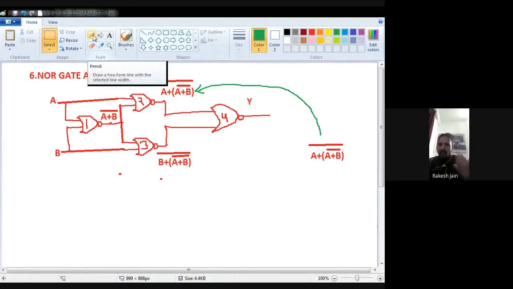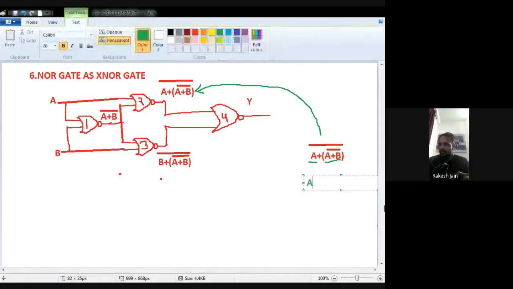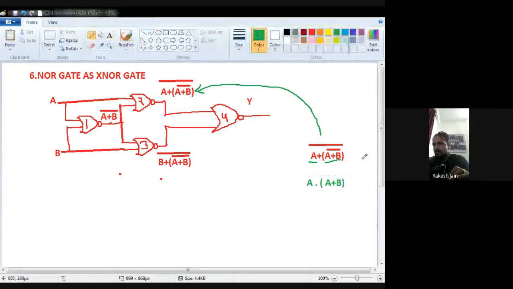By the De Morgan theorem, two things added to each other having a bar: write down those two things separately, the plus in between converted into a dot, and put individual bars. So the first is A bar, and the second is A plus B bar having a bar, and the plus converted into a dot.